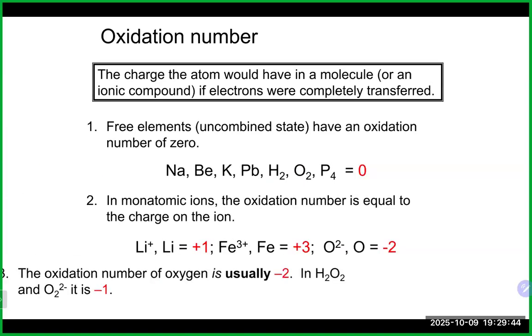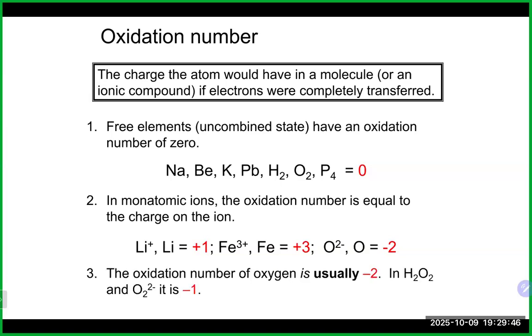The oxidation number is, like I said, really the charge the atom would have based on how it's sharing electrons, if it's covalently bonded, or in an ionic compound, how it's being transferred. And like I said, it is not always the number you might think or are used to doing for certain elements.